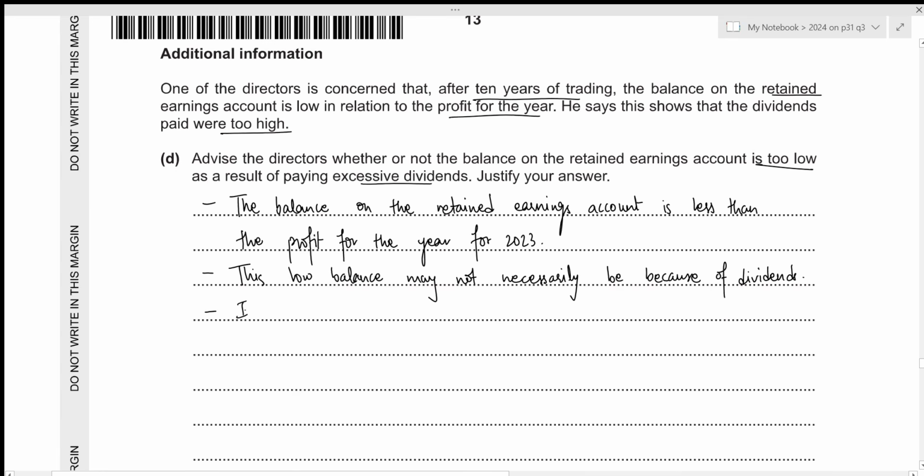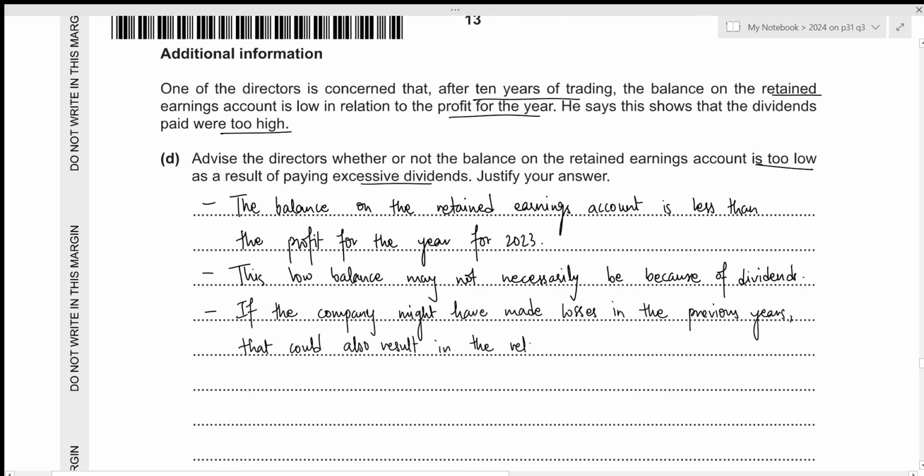The company might have made losses in the previous years, that could also result in the retained earnings balance being lower than profit for the year.